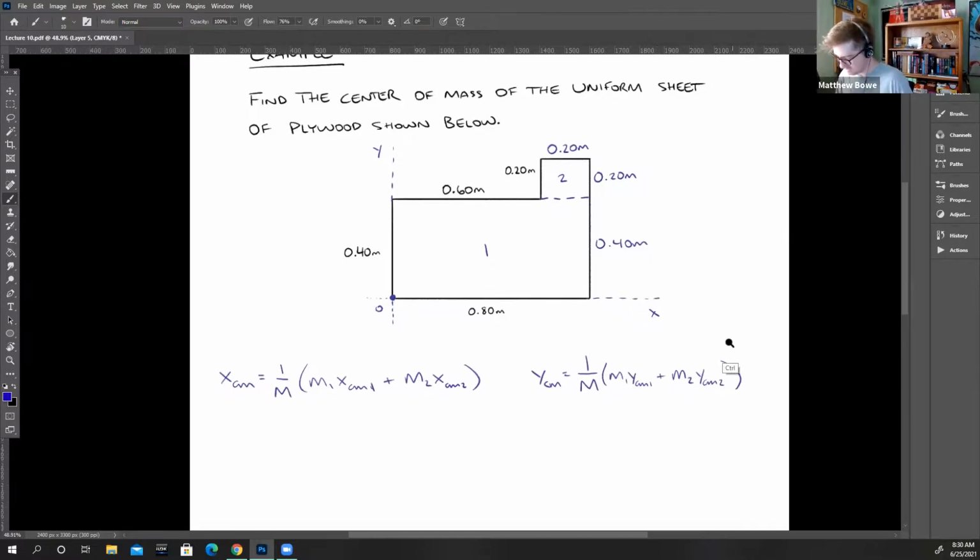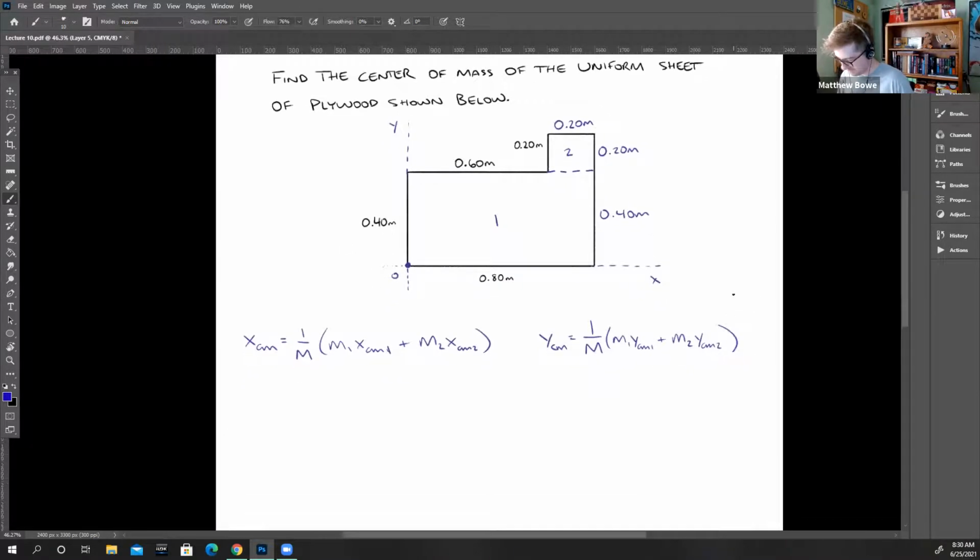Let me just show you. Instead of putting mass 1 over total mass like this, I could do it as a ratio of the area instead, because I'm given plenty of information to find an area. We aren't given a mass, so I'm going to use the area instead.